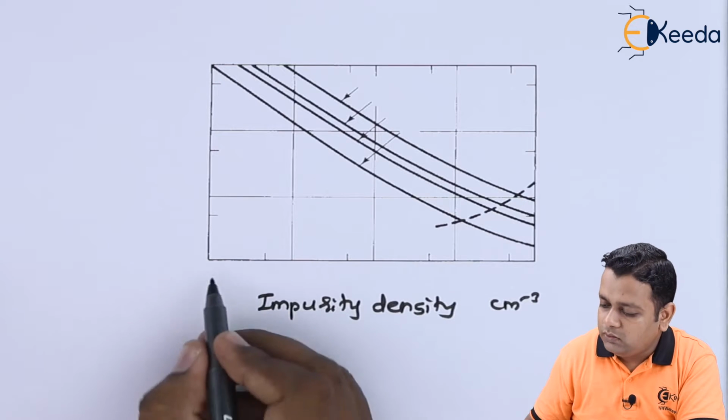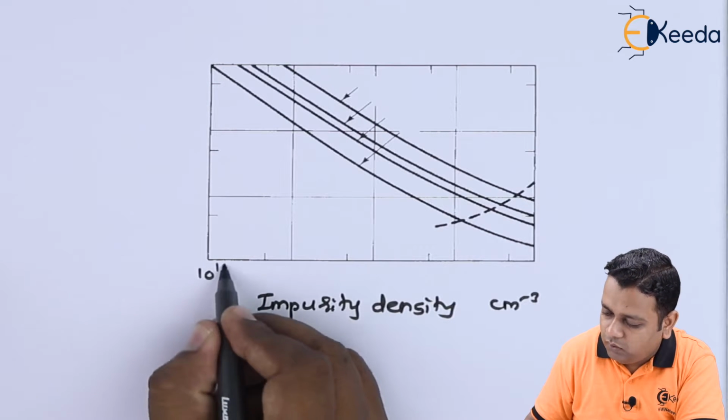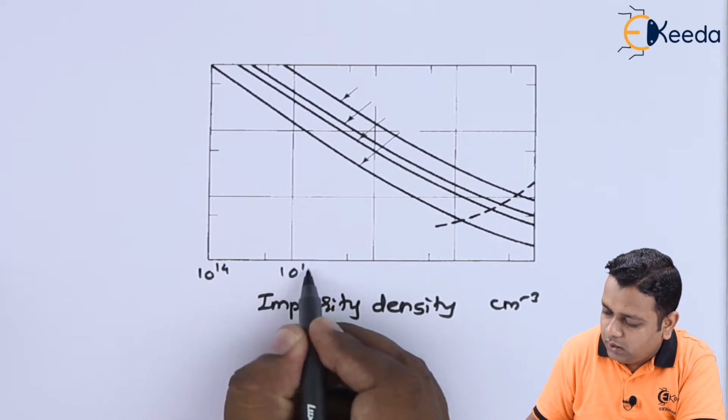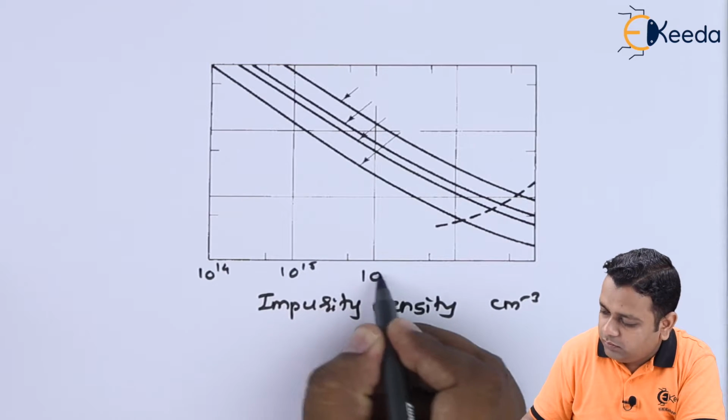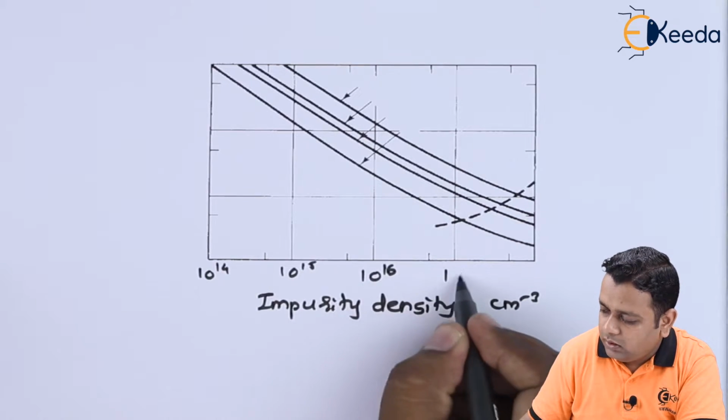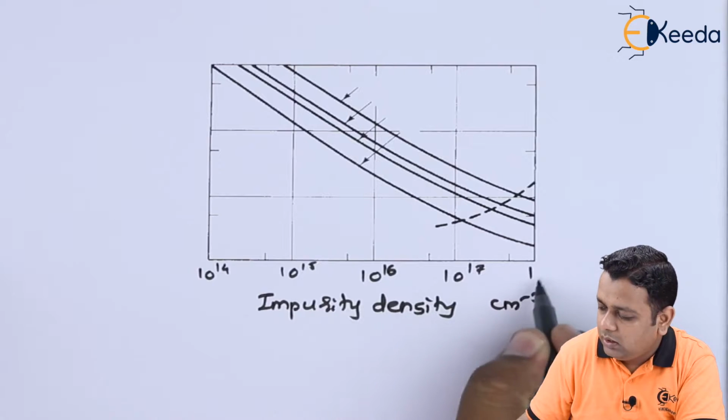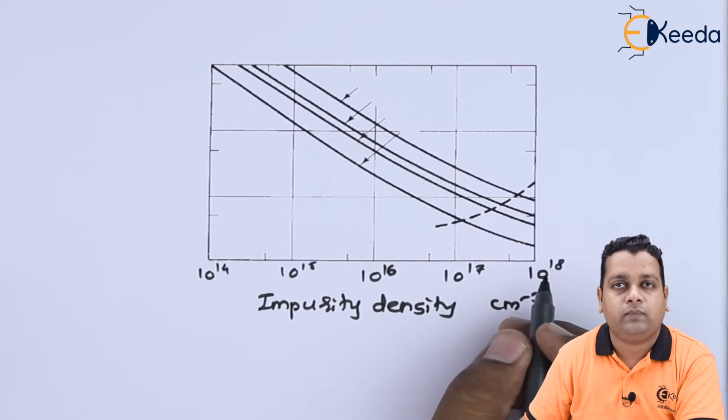We can mark the values 10 raised to the power 14, 10 raised to the power 15, 16, 17, and 10 raised to the power 18.